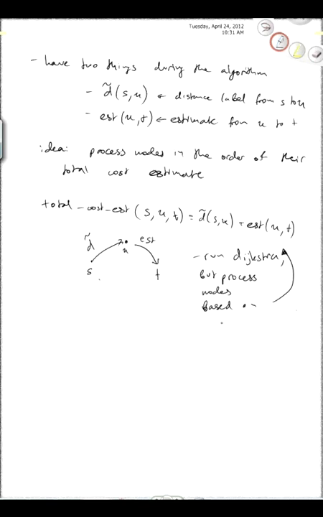So let's take a look at a pseudocode for A star search and then run an example that I think is going to help illustrate everything. So the pseudocode for A star search is very similar to that for Dijkstra. So it takes in as a graph G, it takes in a source node S, but it also takes in a destination node T, which is the place that we're heading.